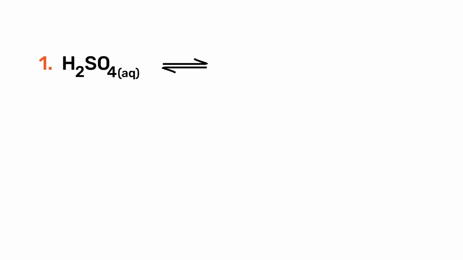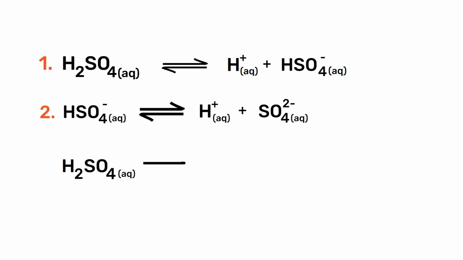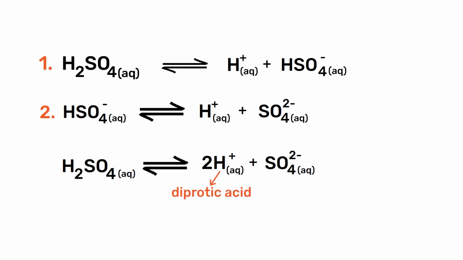In the first step, sulfuric acid dissociates to form a proton and hydrogen sulfate ion, and the hydrogen sulfate further dissociates to form a proton and sulfate ion. If you add up the two equations, you'll see that one molecule of sulfuric acid generates two protons, and therefore it's called a diprotic acid.